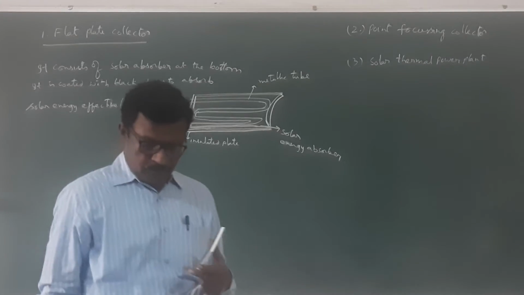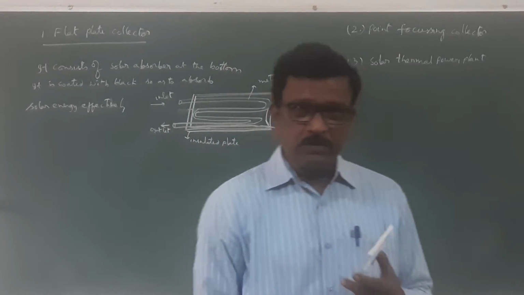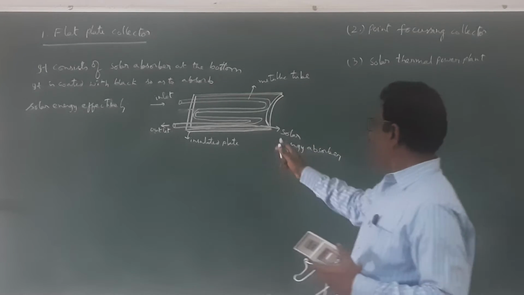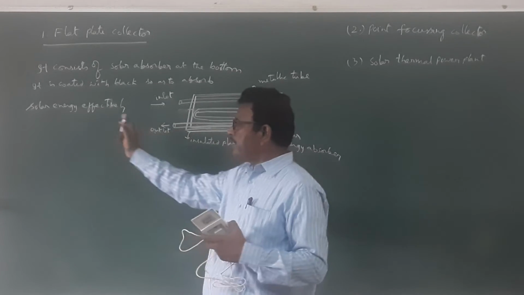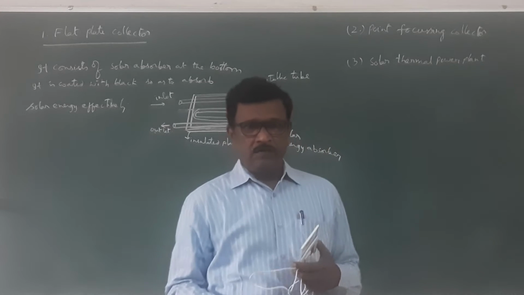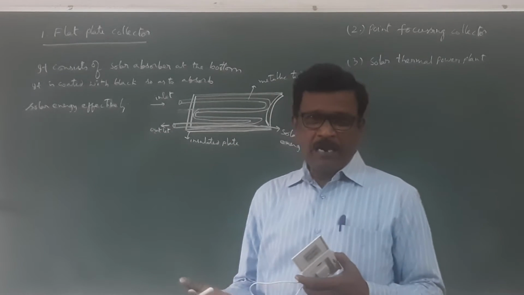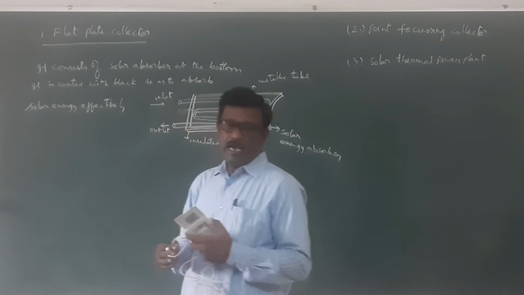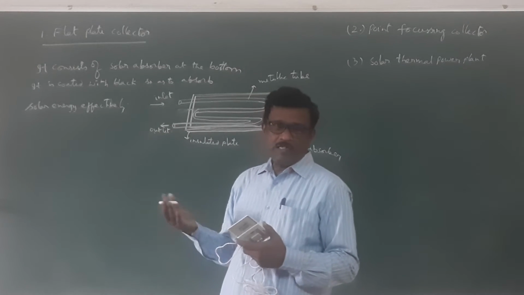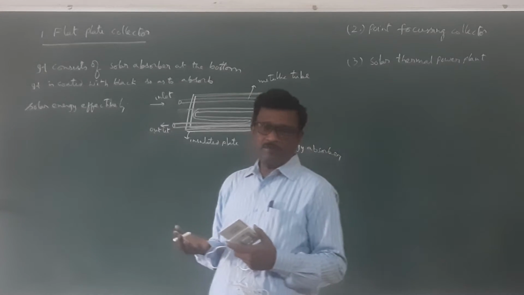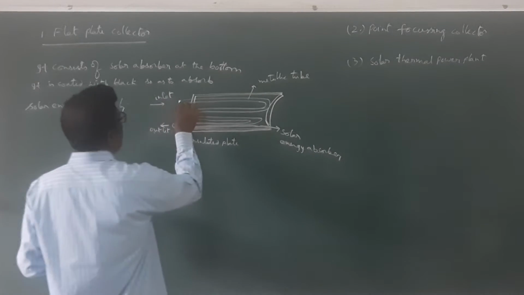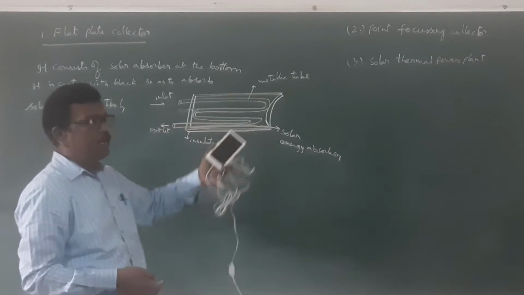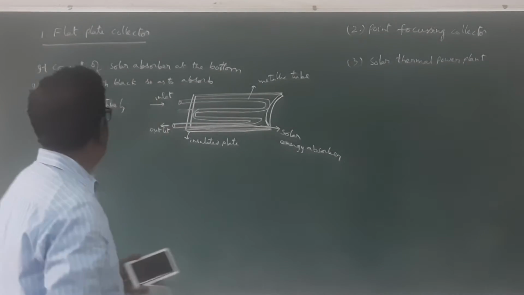As you know, the black color is a good absorber of heat. Therefore, when the absorber is coated with black paint, then it can absorb solar energy effectively. Over this solar absorber plate, there will be metal tubes circulated over the absorber.